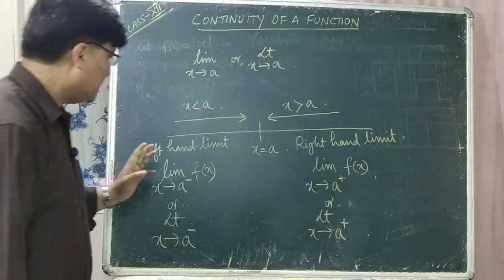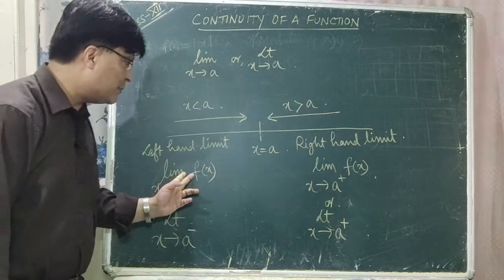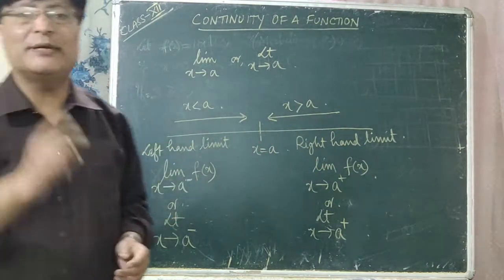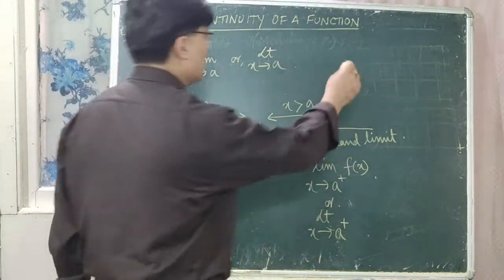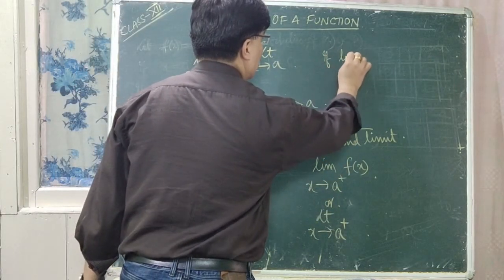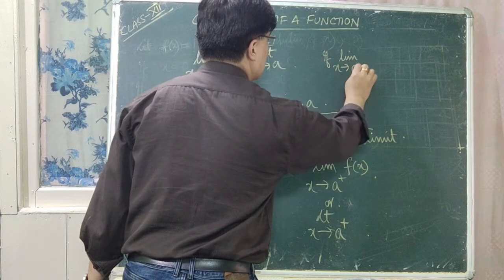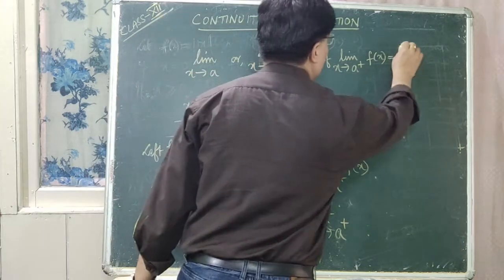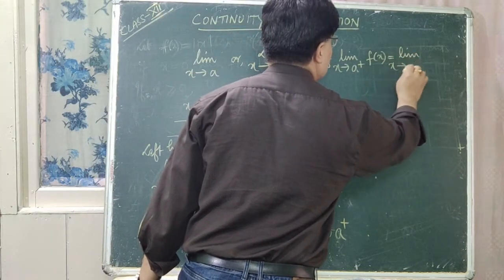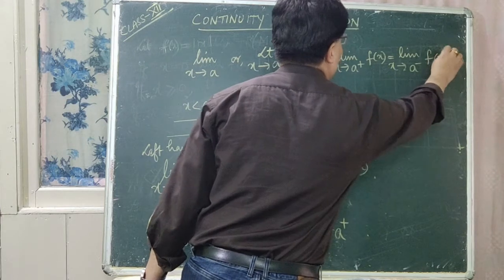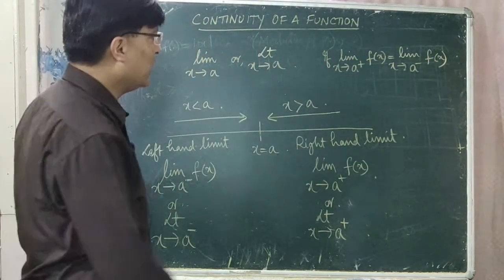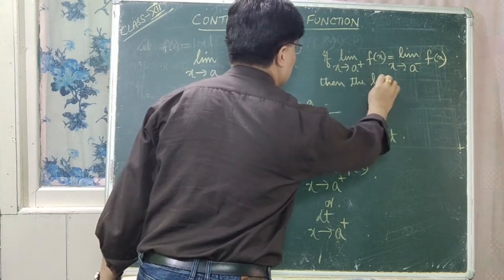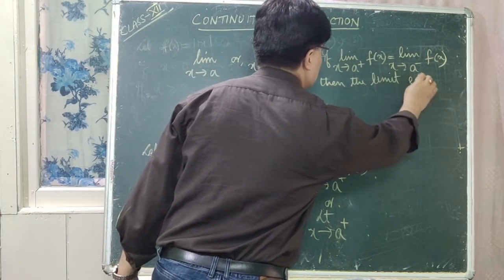Now in this case, if the right hand limit is equal to the left hand limit, that is, if limit x tends to a plus f of x is equal to limit x tends to a minus f of x, then the limit exists.